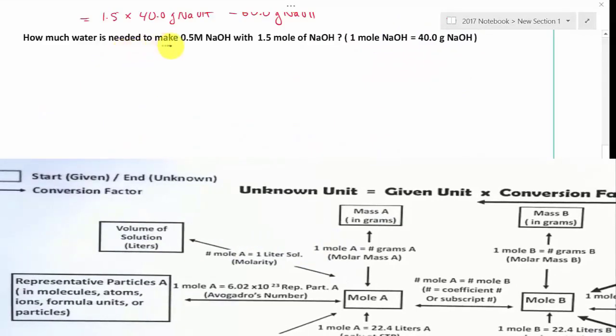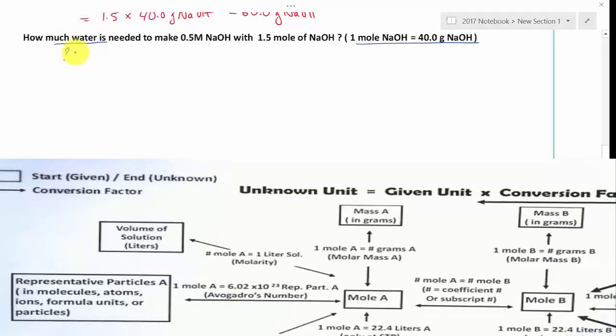How much water is needed to make 0.5 molarity of NaOH with 1.5 moles of NaOH? And of course, we are given the molar mass of NaOH. So this is how much water, so that is the question mark. Water. Remember, we need water to make a solution.